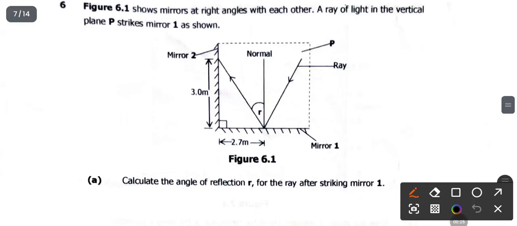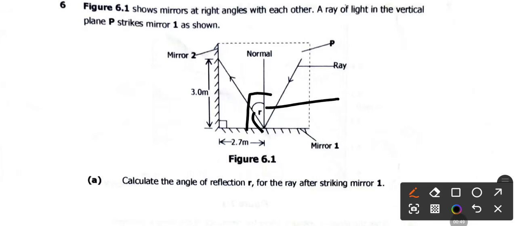Okay, so for us to calculate the value of this R here, we'll have to apply a little bit of trigonometry. We know this entire part here is 90 degrees. So if we can somehow find the angle that I've drawn there, then subtract it from 90 degrees, it means we have gotten the value of R.